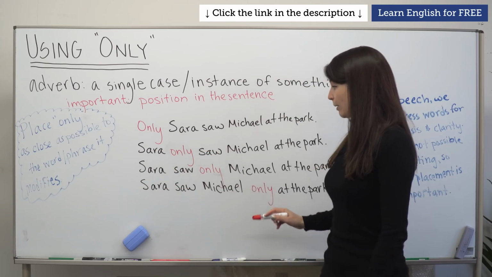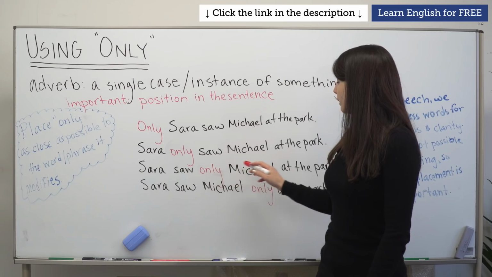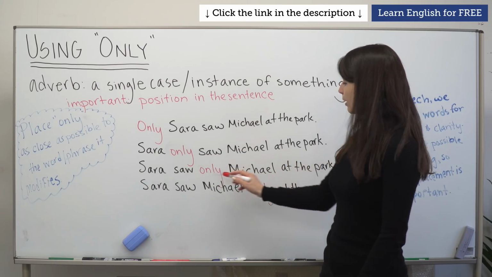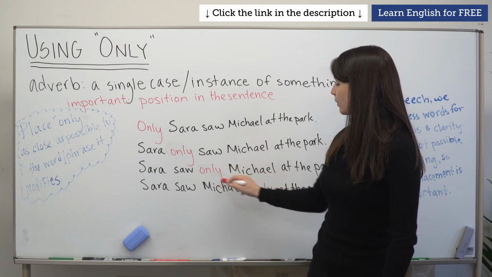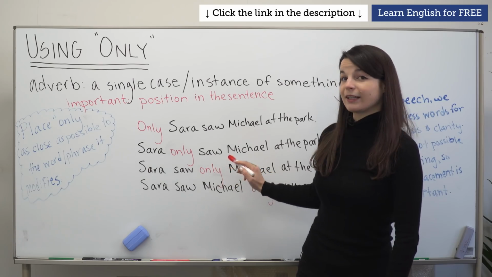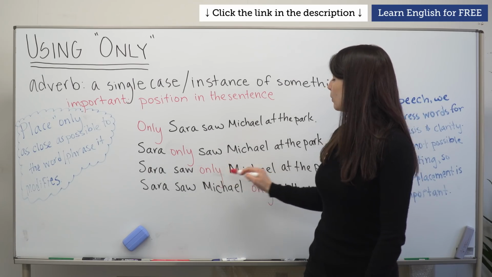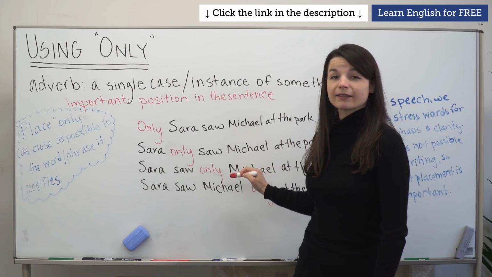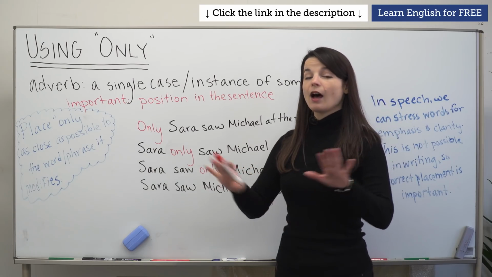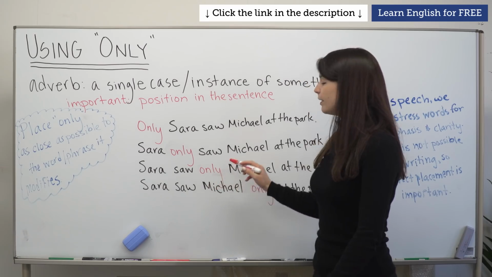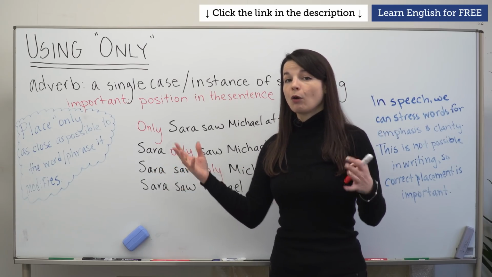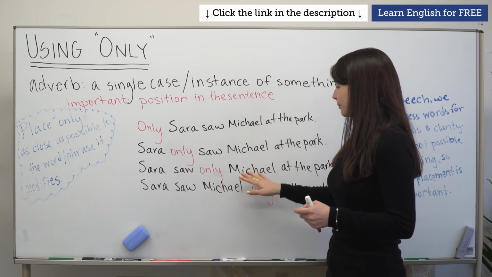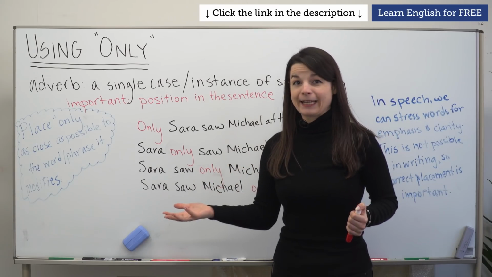Let's look at one more example. Sarah saw only Michael at the park. Here, only comes before Michael in this case. So the connection, the modification is happening here. Sarah saw only Michael at the park means she did not see any other people at the park. So this could mean that there were no other people at the park, or that maybe she just didn't see anybody at the park.